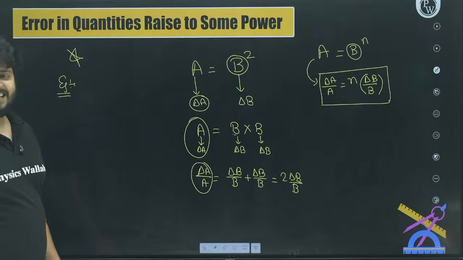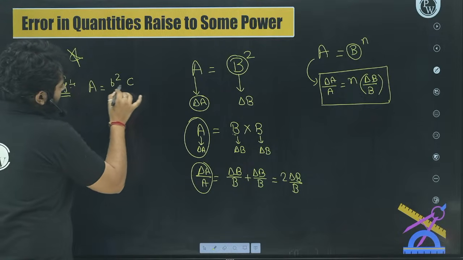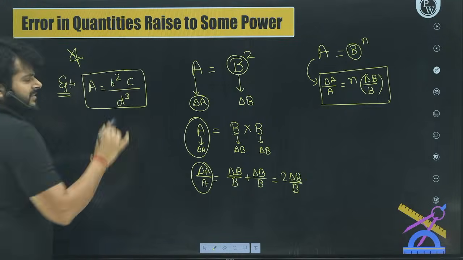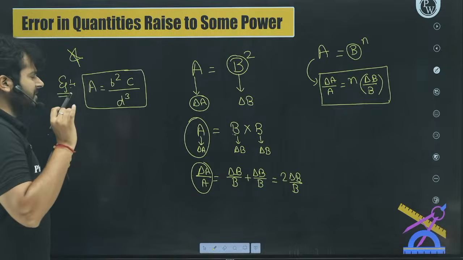The question is like this: A is equal to B square C upon D cube. Now it is given that the relative error or the percentage error is given.